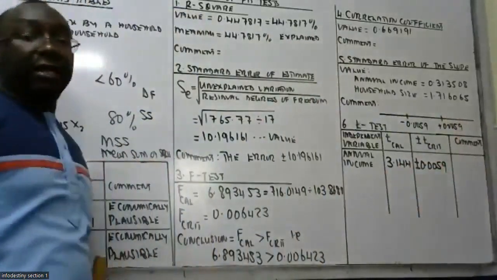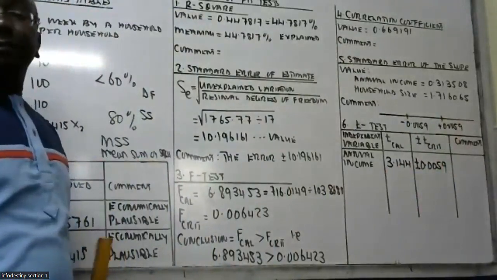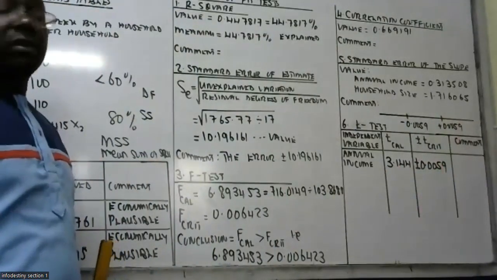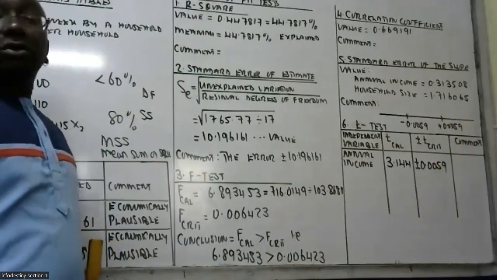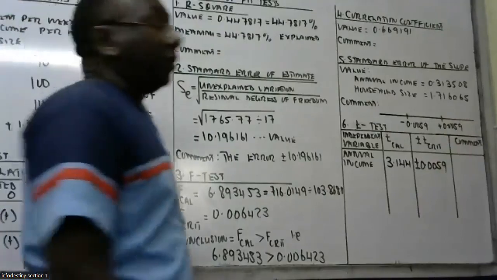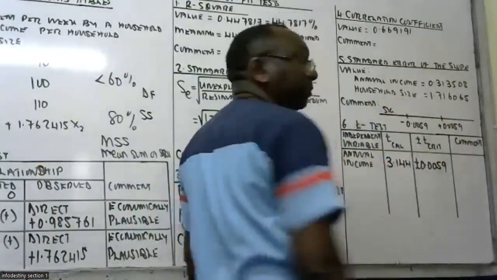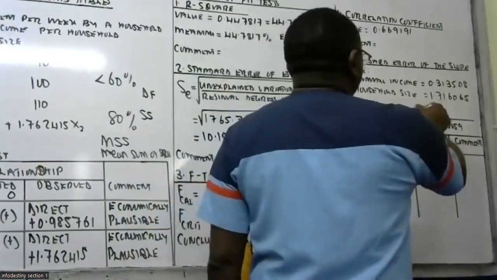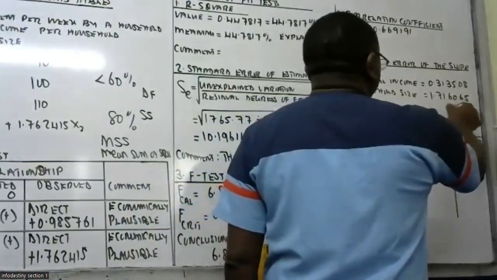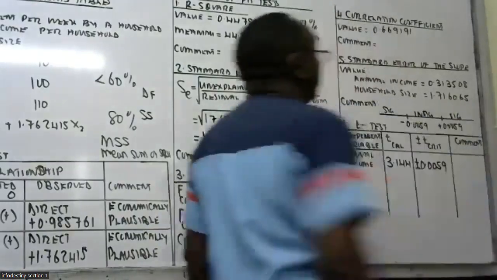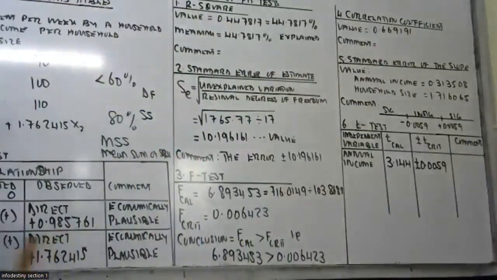That is how the boundaries are. So if you find yourself on the lower side, we say it is significant. But if you are in between, we say it is insignificant. And if you are on the upper side, we say it is significant.